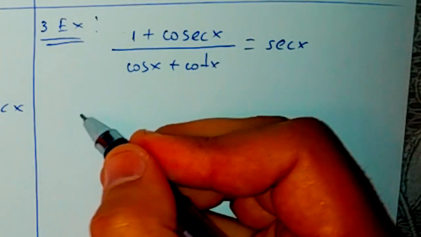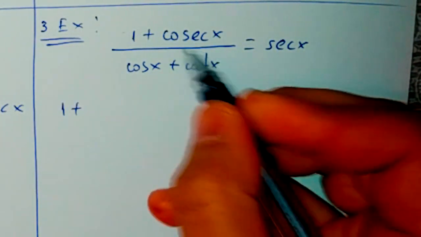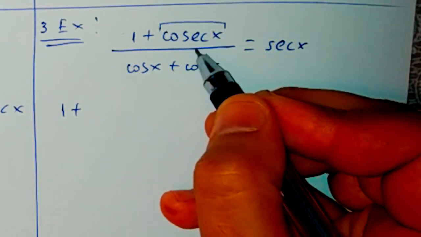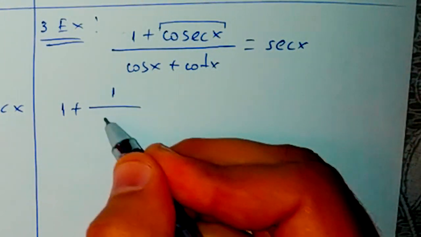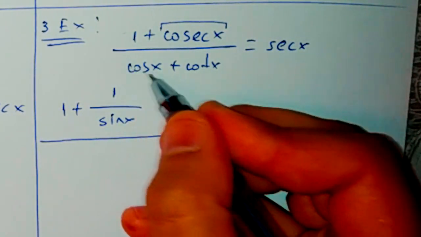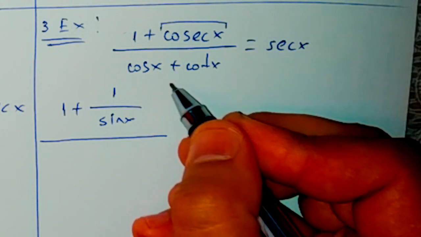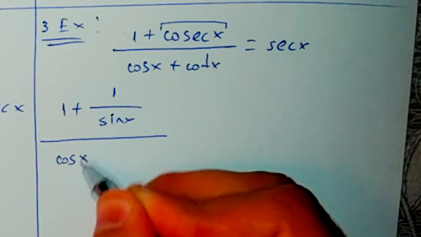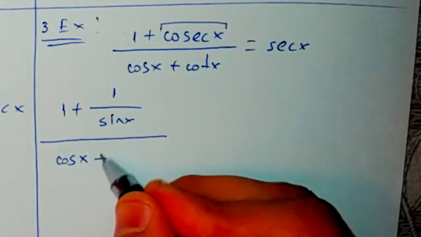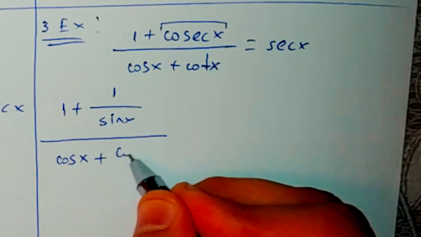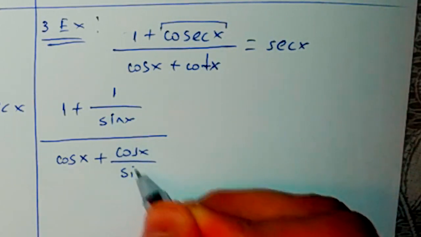So let's go: 1 plus, instead of cosecant x, we can write 1 over sine x, over, instead of cosine x, we cannot write anything, so without any change I write here cosine x, and instead of cotangent x, I can write cosine x over sine x.